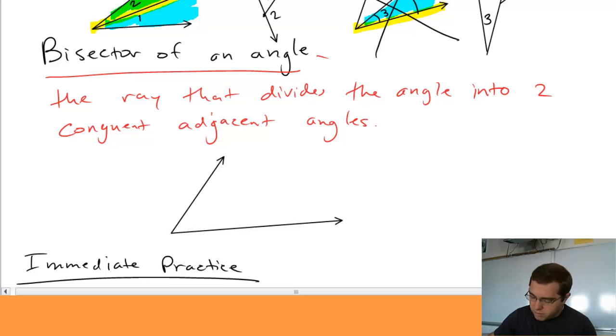So we have this large angle, which we can call angle XYZ.